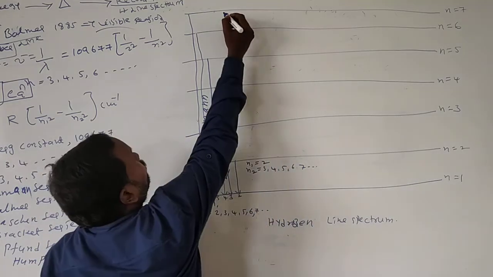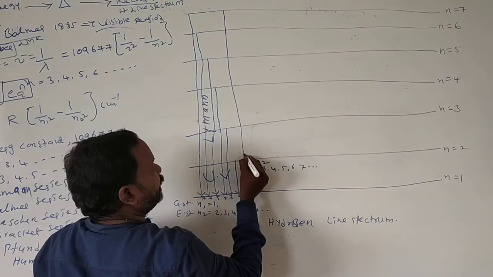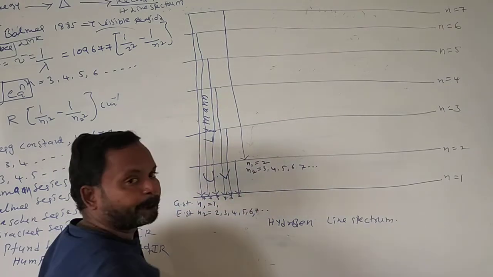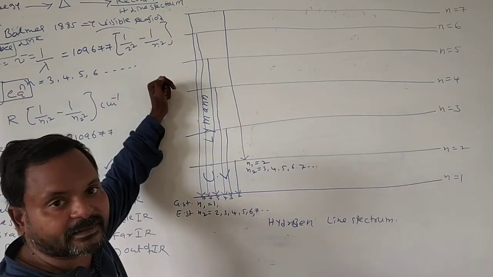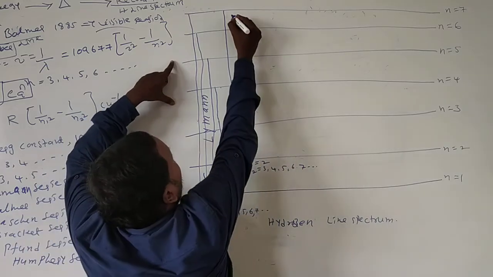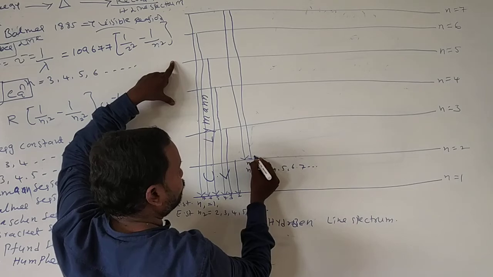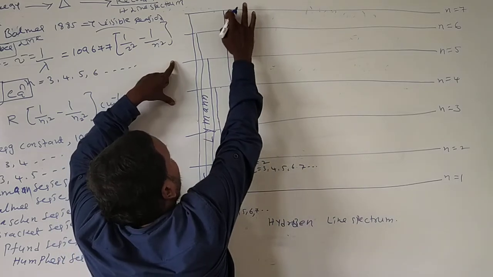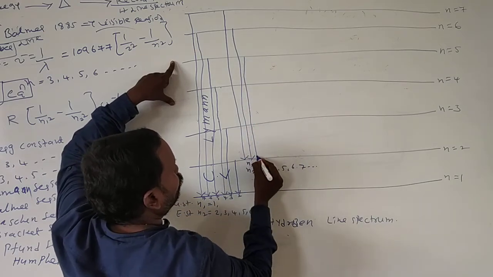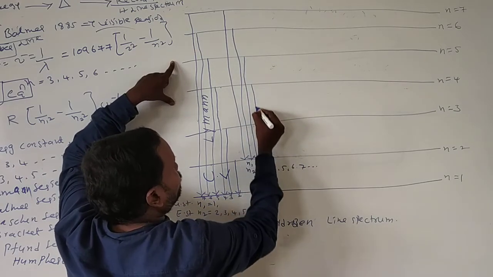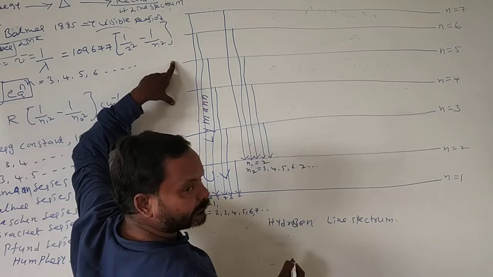That means the electron may have jumped from the 7th level to the 2nd level, 6th level to 2nd level, 5th level to 2nd level, 4th level to 2nd level, 3rd level to 2nd level.